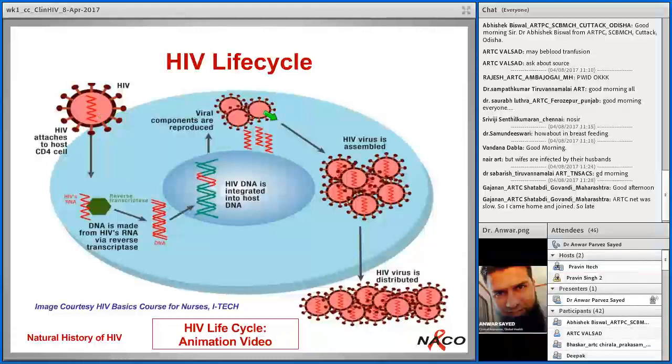So CD4 cells are nothing but a type of T lymphocyte, also called helper T lymphocytes. Now HIV requires the CD4 receptor to get attached to the CD4 cell. That is why it will attack only this type of cell.